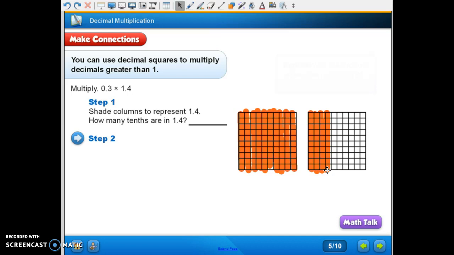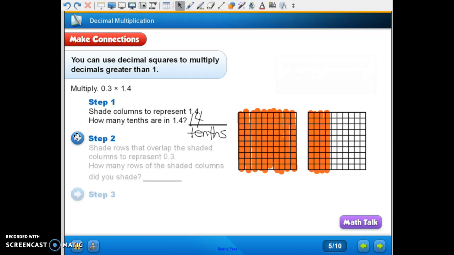So how many tenths are in 1 and 4/10? 14. 14/10. Boy, they didn't really leave me enough room to write that. Okay, so 14/10. Step 2, shade rows that overlap the shaded columns to represent 3/10.